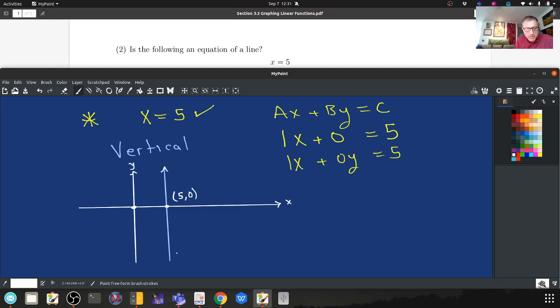And that's supposed to be straight up and down. It's not perfect, but I just wanted to show you this would be the graph of x equal to 5, because every point on it has as its first x value, remember these are values x, y, x equals 5.